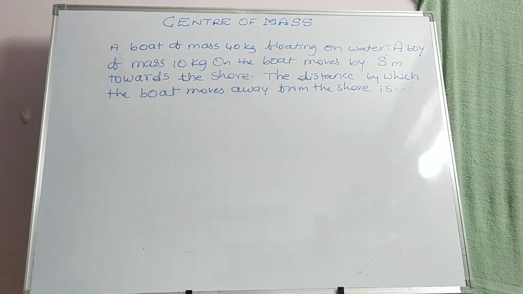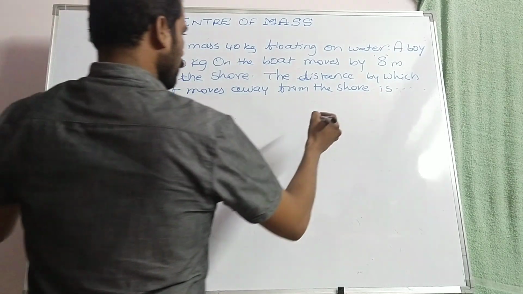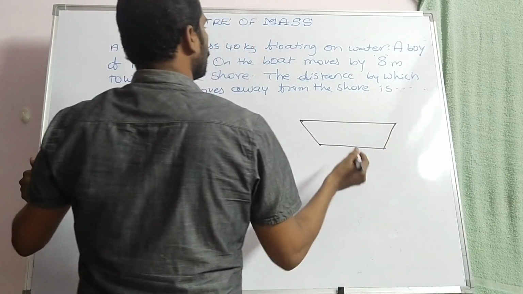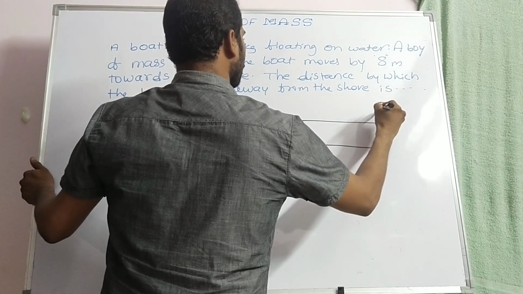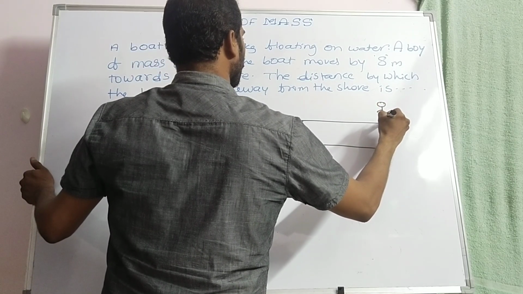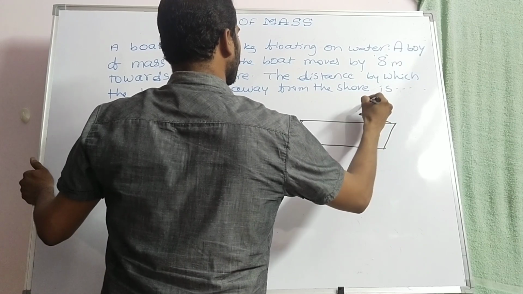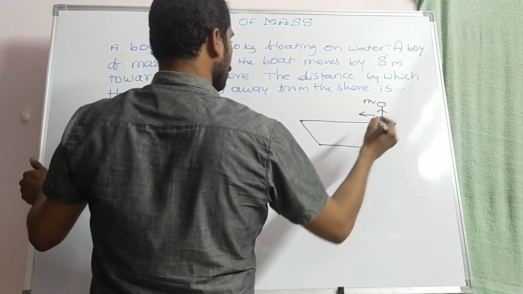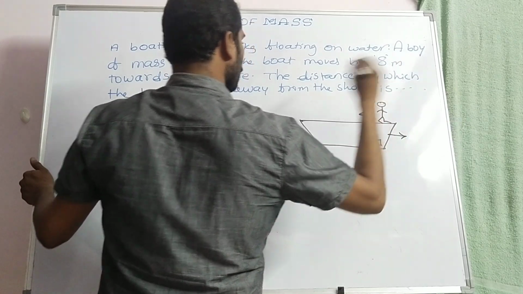Now a boat of mass 40 kg is floating on water. A boy of mass 10 kg on the boat moves by 8 meters towards the shore. The distance by which the boat moves away from the shore is? See here, this is the boat on a still pond. Of course, here is the person moving towards the shore, small m, and this is capital M. Then the boat will be moving like this.